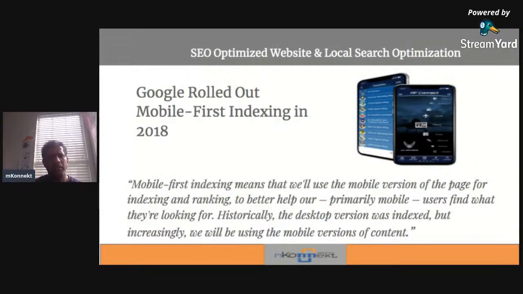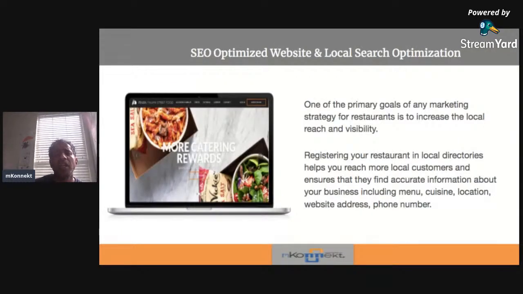Again, we talked about this, right? Mobile indexing and all those things, and making sure you have the right keywords, and that your website is registered in all of your online presence. We have seen many times that maybe the first thing people do is go to Google and search for something.